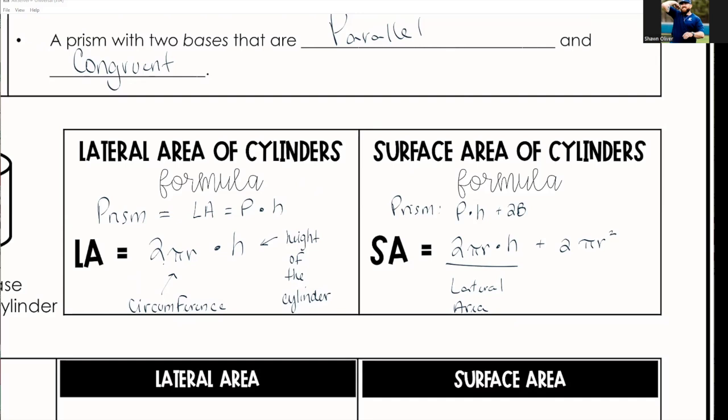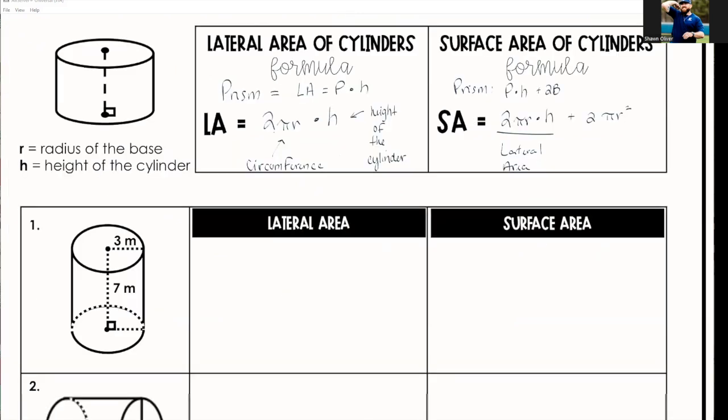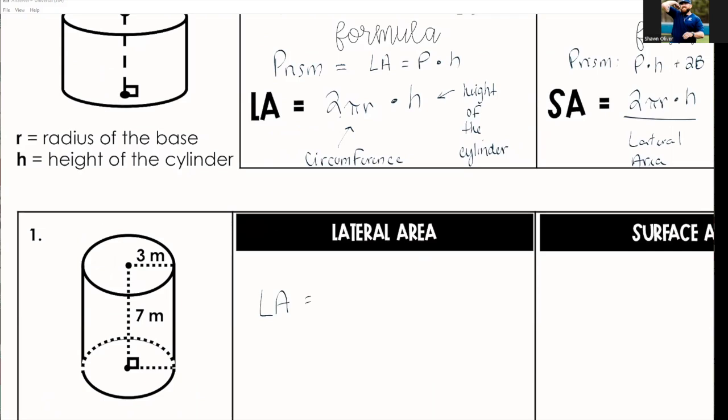Ready to tackle some problems? So, looking at our cylinder on the left, the cool thing is we don't have to identify what the shape is. We know the shape is a cylinder. Lateral area is 2 pi r times the height of our cylinder.